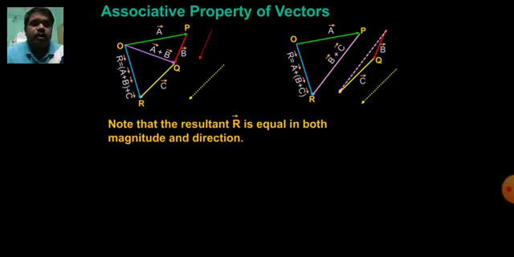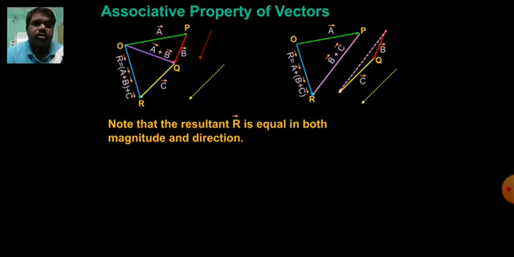So here, in both cases, (vector A plus vector B) plus vector C is equal to vector A plus (vector B plus vector C). Both are the same. That is what the associative property of vectors means. Note that the resultant vector R is equal in both magnitude and direction.